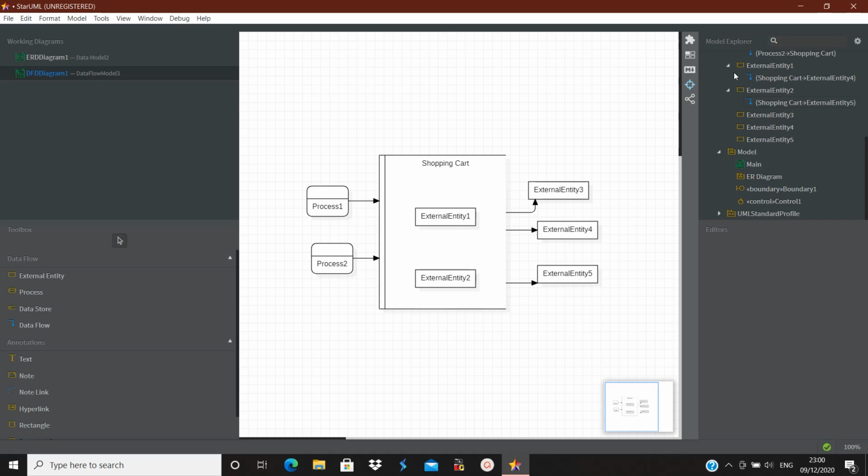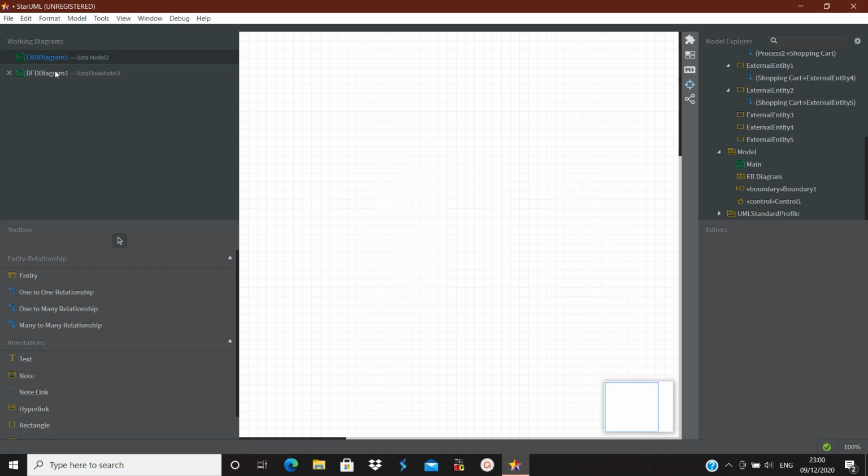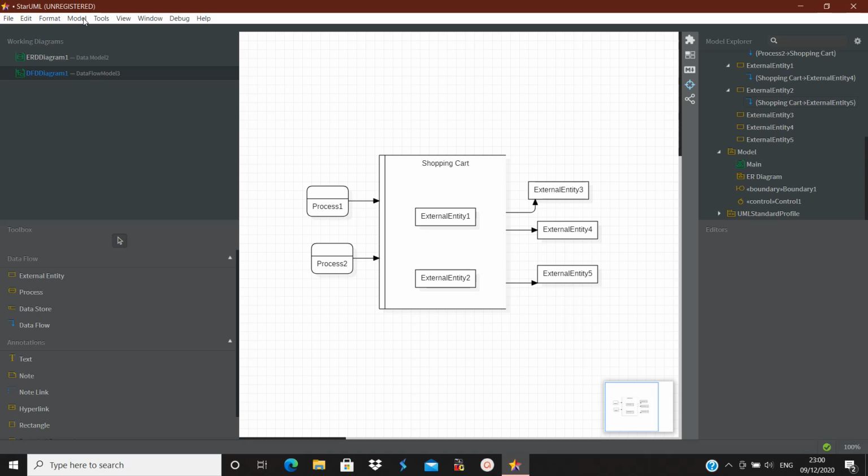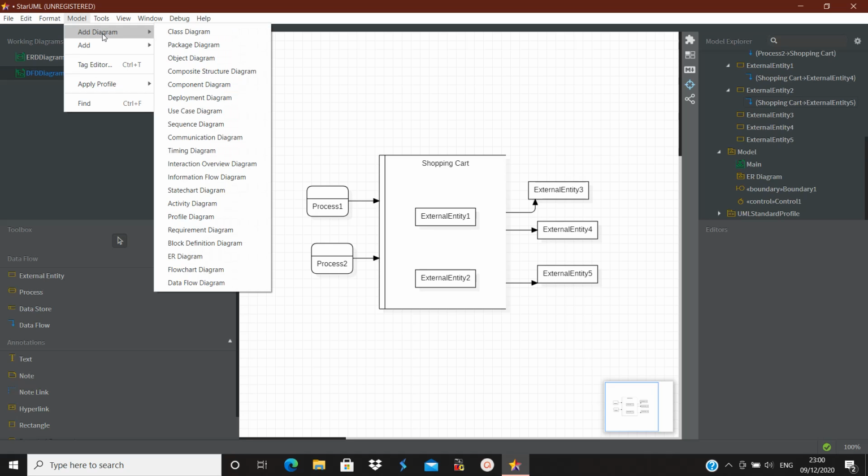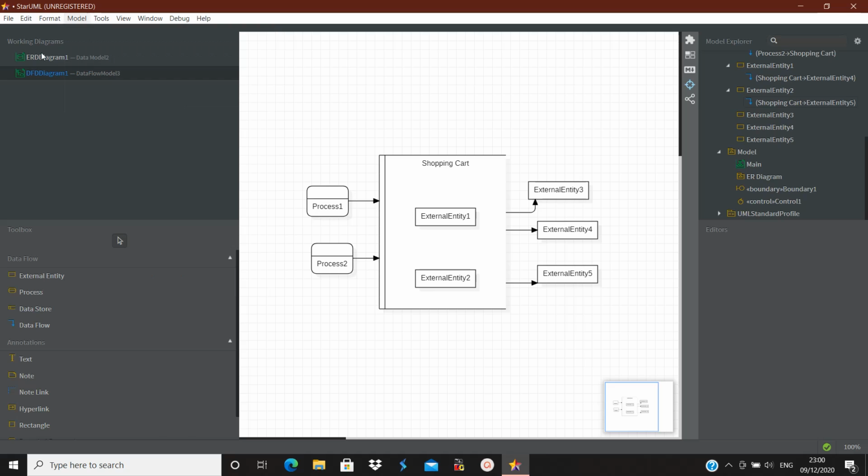A relationship between entities can be of three types: one to one, one to many, and many to many. One to one relationship means when one instance of an entity is associated with one instance of another.